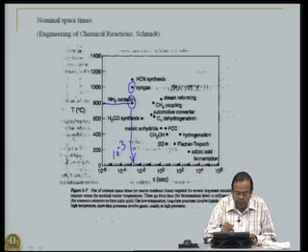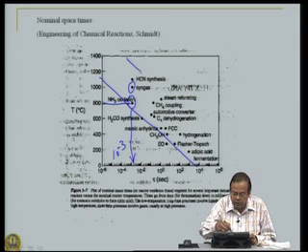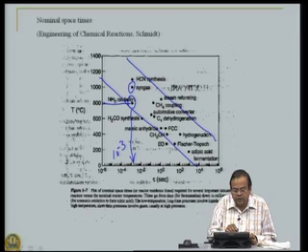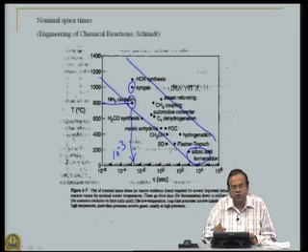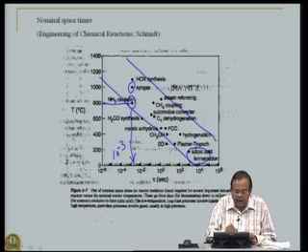So, higher temperature, lower residence time. If you look at this plot, even though it is not falling on a single line, it is obvious that the trend is in this particular band: the higher the temperature, the lower the residence time, and as the temperature of operation decreases, the residence time increases. For example, bacterial fermentations have residence times of hours, sometimes days, and these are carried out at 30 degrees.